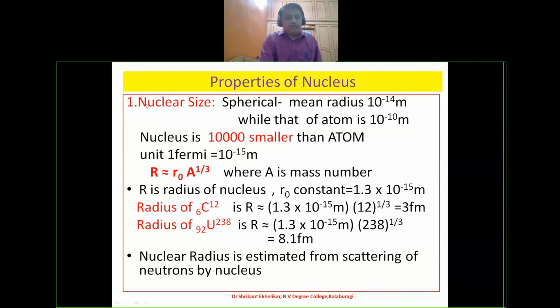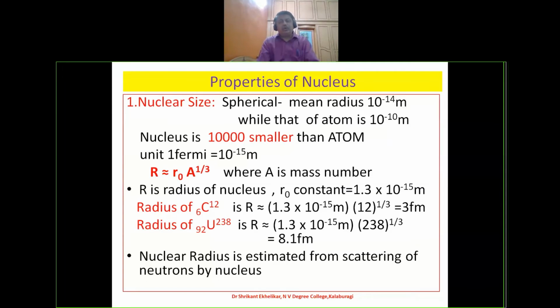How about the size of the nucleus? How can you measure it? You cannot take a screw gauge and measure the radius of the nucleus, but we know that the nucleus is stable and has a spherical shape. We can estimate from experiment the mean radius of the nucleus, and it is found to be 10 raised to minus 14 meters, and the radius of the atom is 10 raised to minus 10.